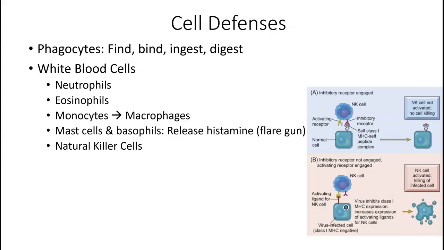The other white blood cells that we talked about were neutrophils. Neutrophils are in the highest number. They are going to be antimicrobial. So they're going to be lining a lot of those areas where pathogens can enter so that they can gobble up those pathogens. Now, once neutrophils phagocytize those pathogens, they will die.